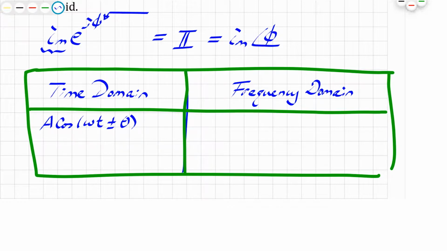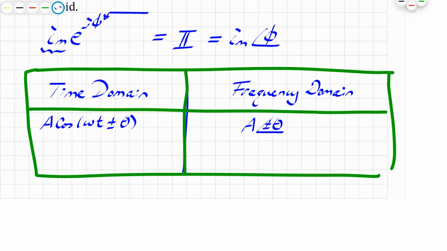If we want to express that in frequency domain, we're only interested in the amplitude and phase angle, and that's a phasor. We would express that as amplitude and phase angle, plus or minus, depending on what is given.